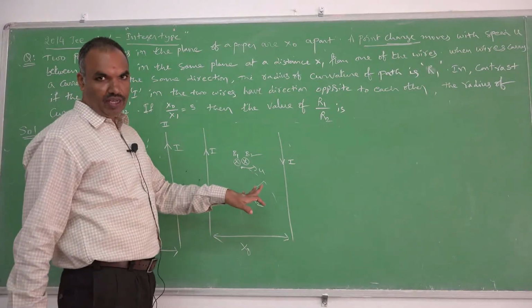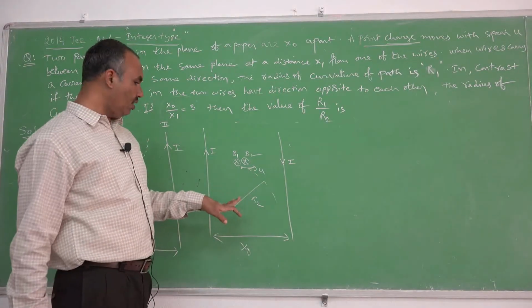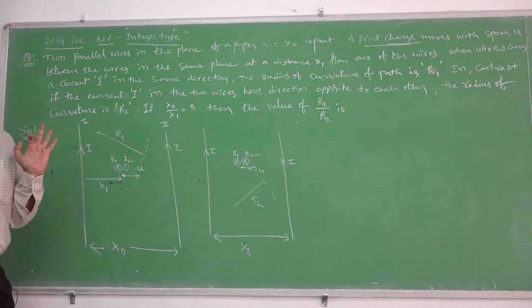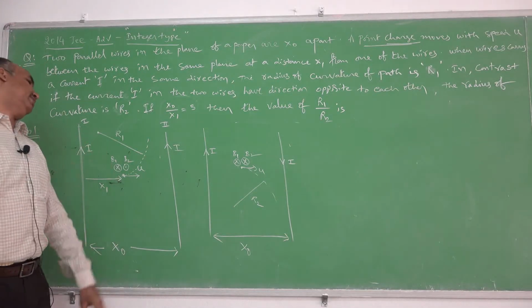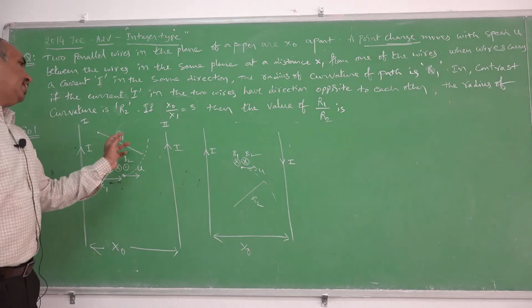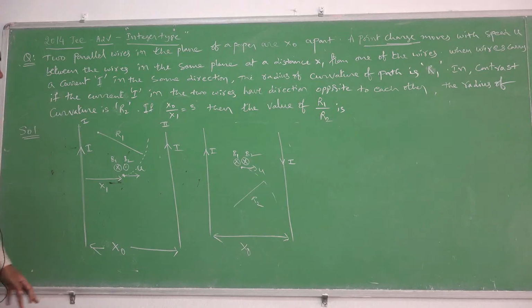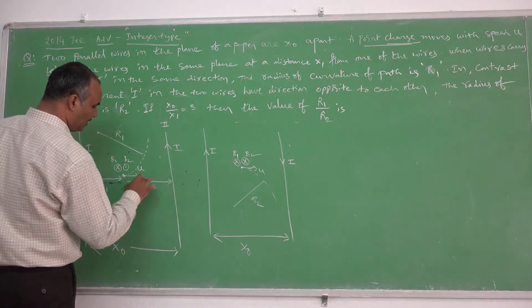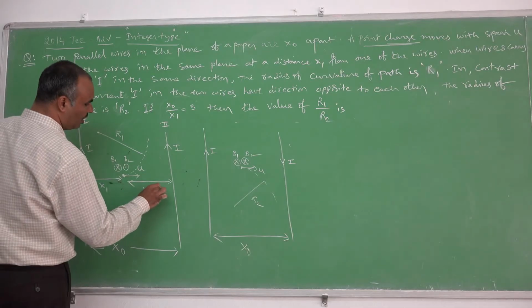I am not specifying the direction according to the rule. Simply I am saying r1 is the radius of curvature in the first case, r2 is the radius of curvature of the path followed by the particle in the second case. Now, we need the ratio of the radii of curvature in both the cases. As this distance is x1, this distance is x0 minus x1.